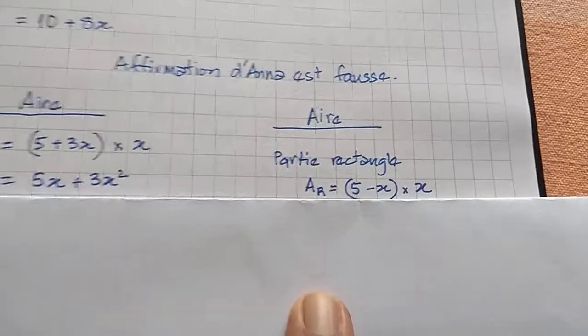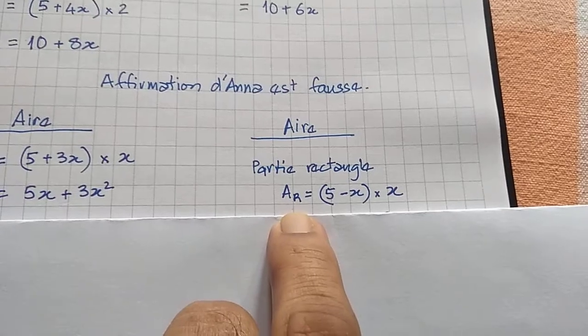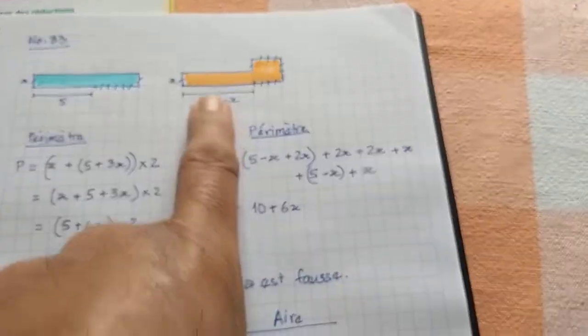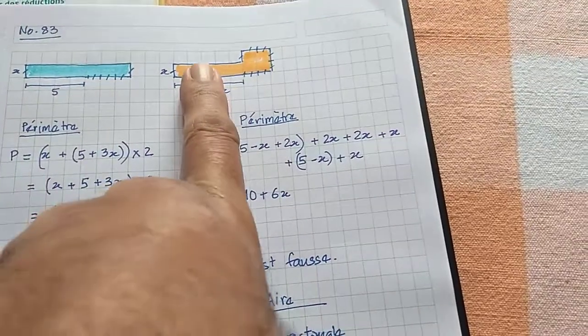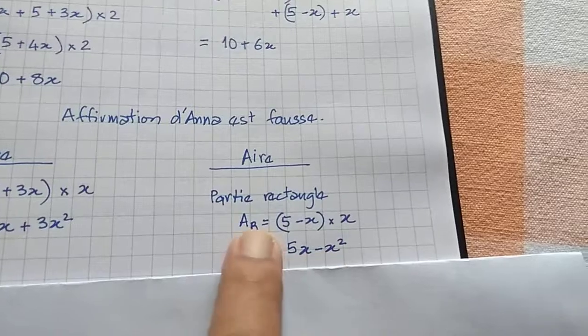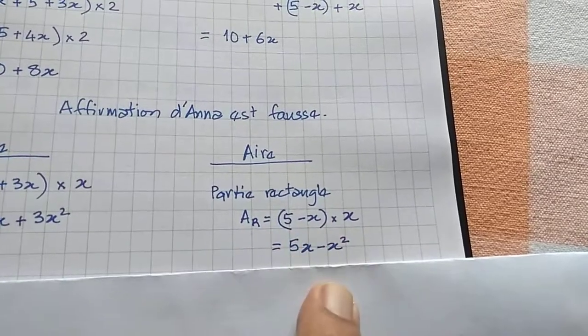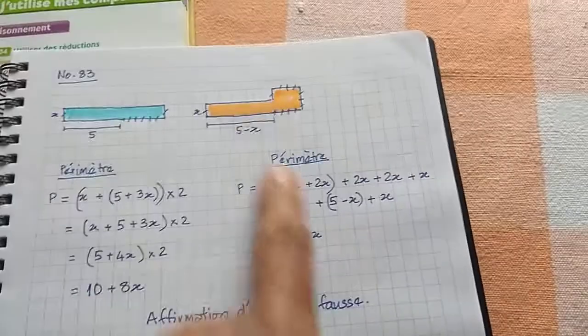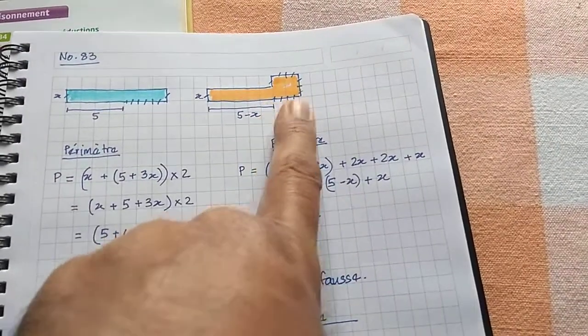So let's come down. I will write it as two things. Partie rectangle, A rectangle, A air est égal à 5 moins x fois x, ça nous donne 5x moins x carré. Okay? Now let's take the partie carré. The partie carré is 2x into 2x.